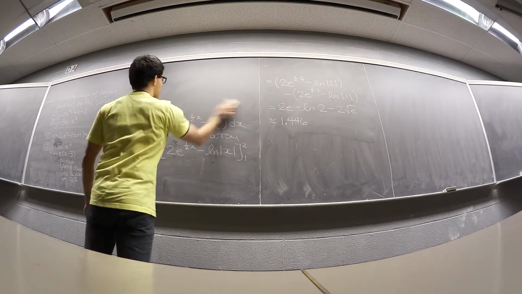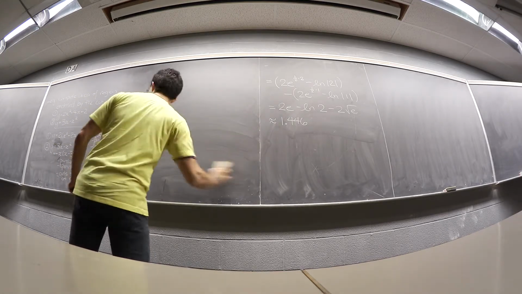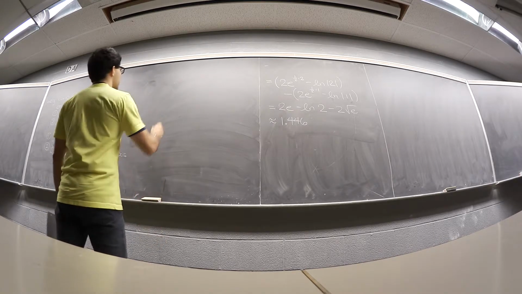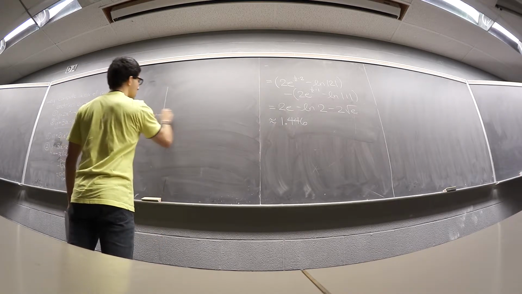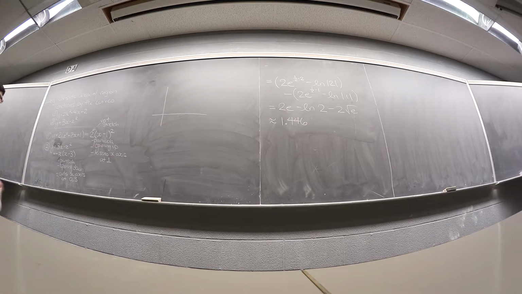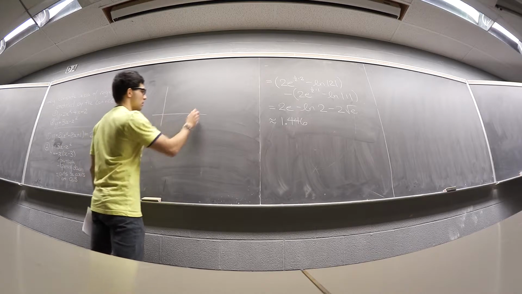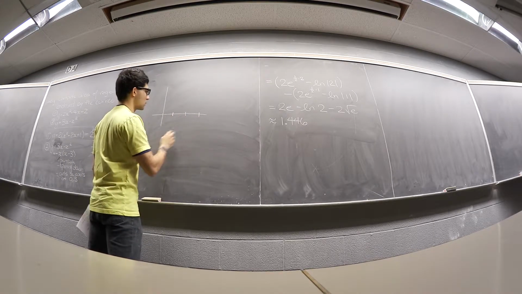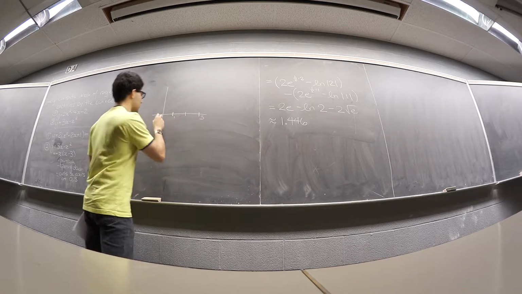Again, a rough sketch is enough. All you need is enough information to know where the heck your region is. Okay. I will do this guy first. Let's say that's 3. 3, 1, 0.